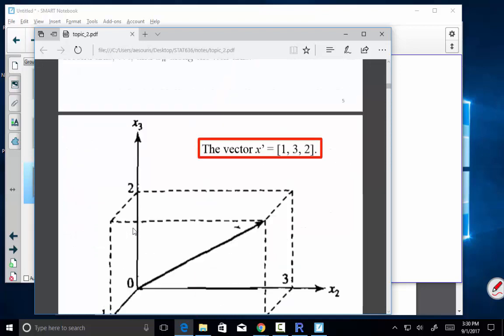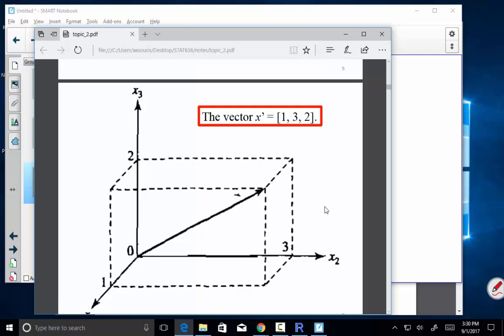Here's a picture of a vector, three-dimensional, or a three-component vector. The vector is x, and if I transpose x, that means I get to orient its entries horizontally. X transpose, then, I can write as square brackets: its first value is 1, second value is 3, third value is 2. And then you can visualize that in three dimensions.